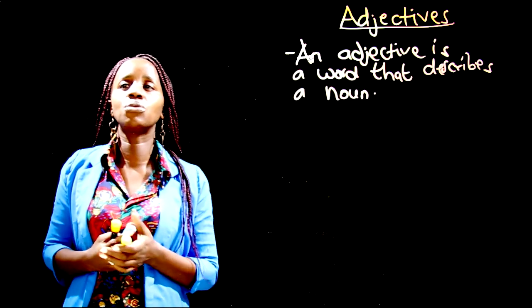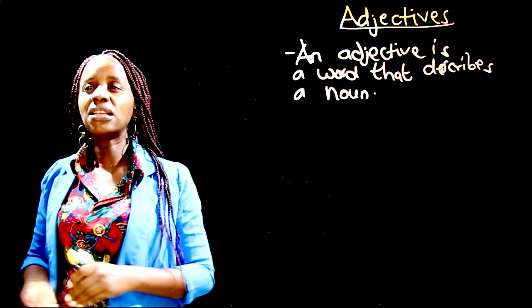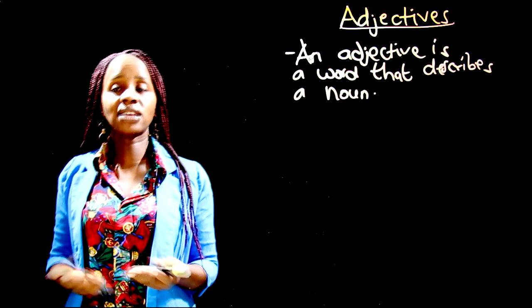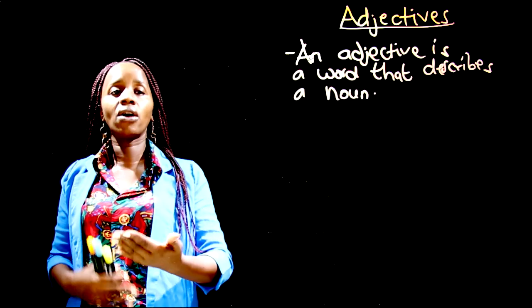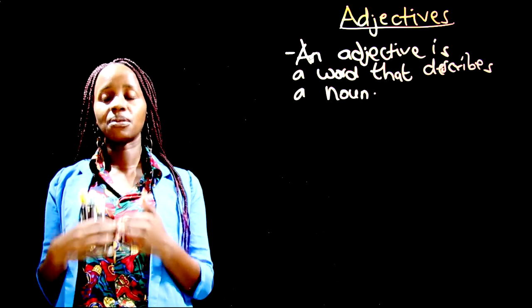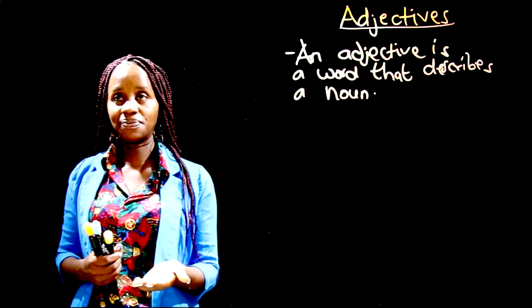In primary school, most of you would say, an adjective is a word that tells us more about a noun, which is correct because when you describe something, you tend to give us more information. So the descriptive function of an adjective is brought up clearly.